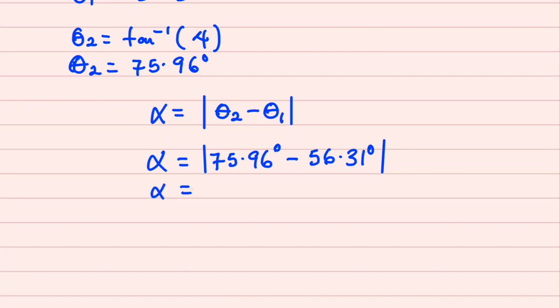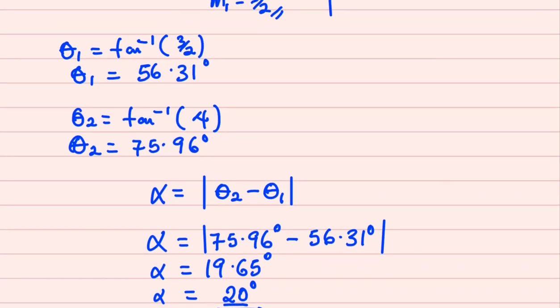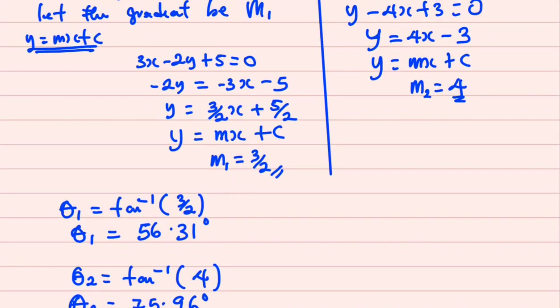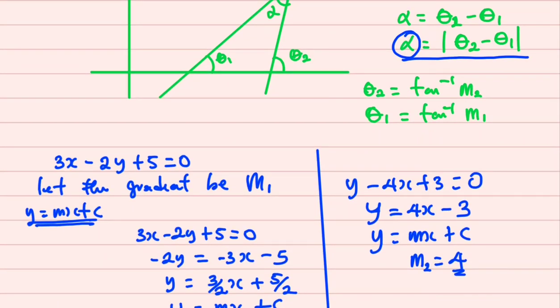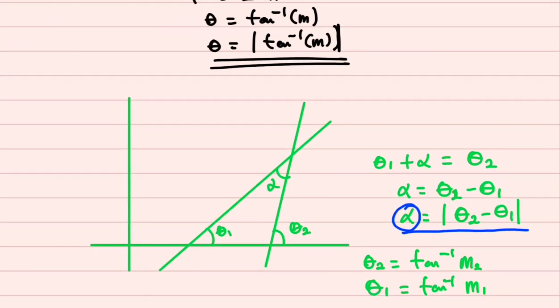So alpha will be equal to 19.65 degrees. To the nearest degree, that is 20 degrees. So that is exactly how we can find the angle between two lines. It's a very comprehensive solution, so I think you can watch it over and over to get a very good grasp of the way to find the angle between two given lines.